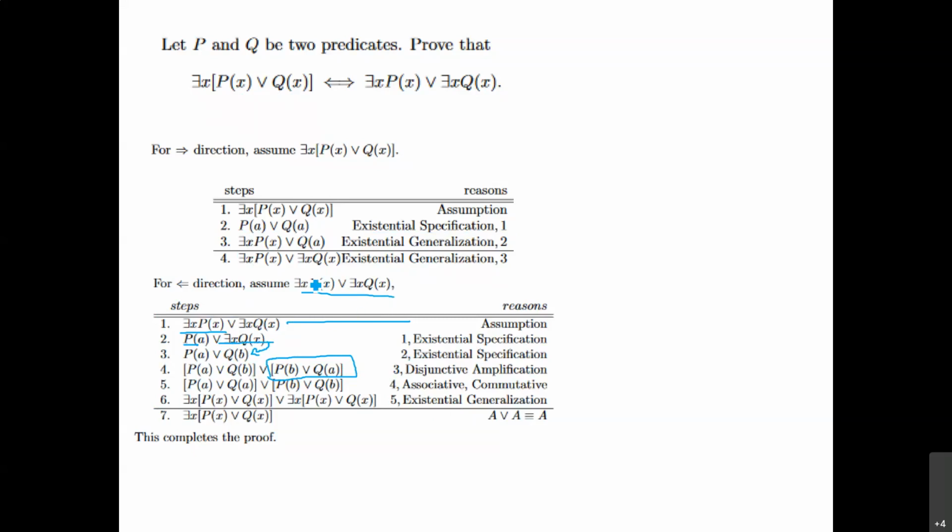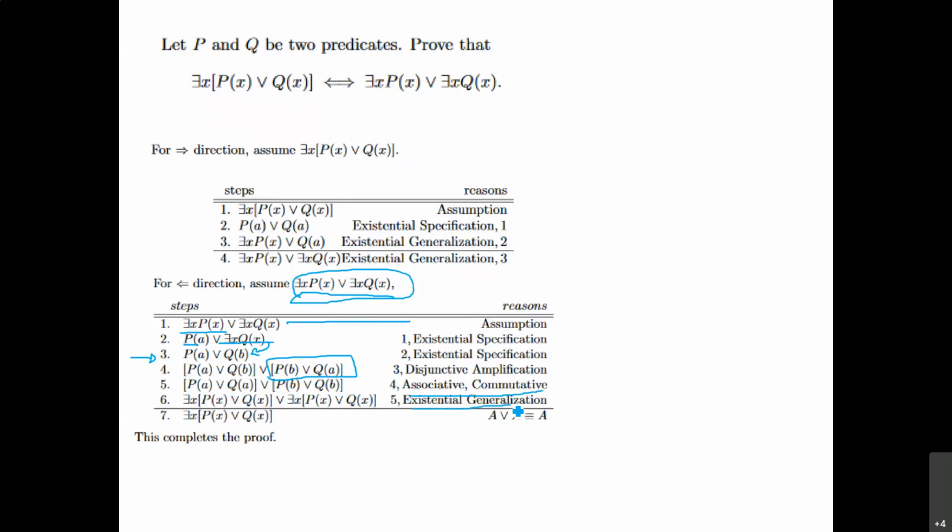Because remember, you're assuming that this is true. It's given, it's law. So step 3 is going to be true. True or anything is true, so you simply add or P of B or Q of A. Associativity and commutativity. You put the A with the A and the B with the B.